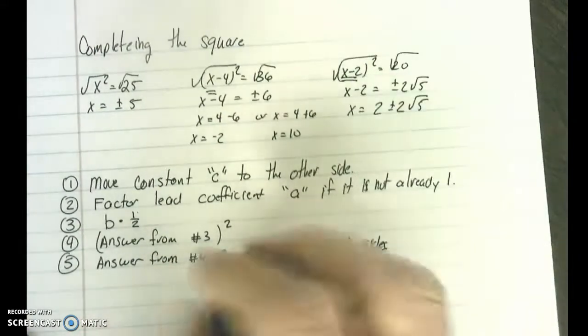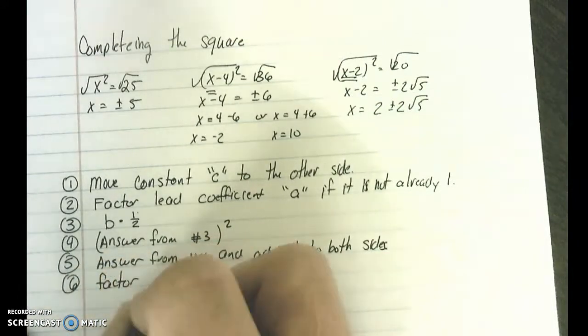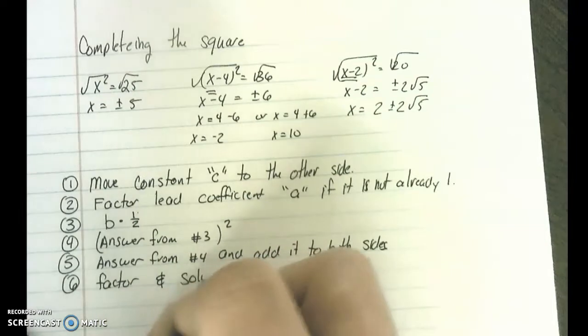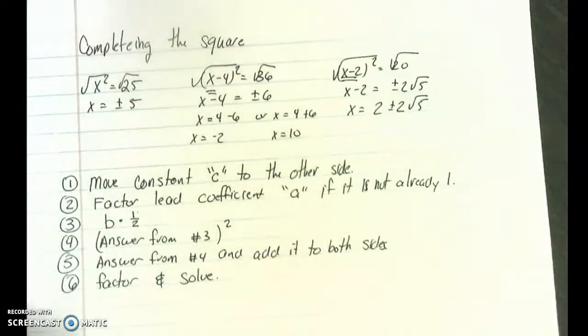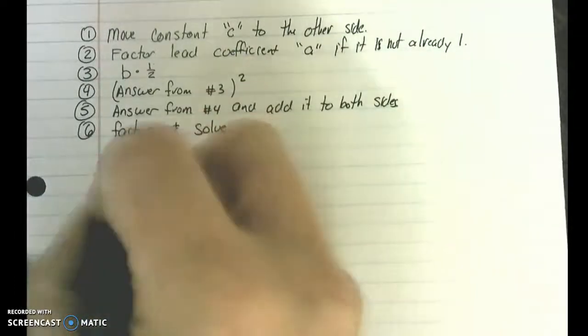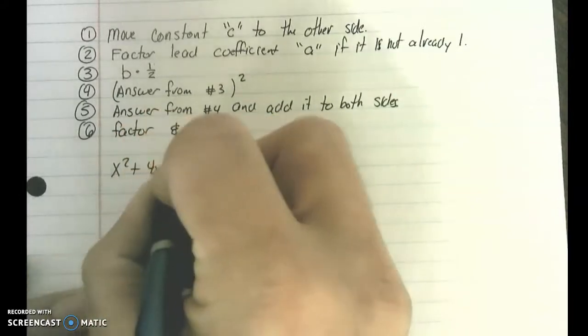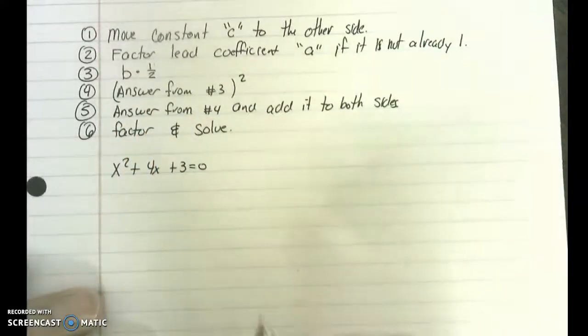Okay, and then we're going to factor and solve. That's our steps. Okay, so let's push this up so we can have that. So let's start with x squared plus 4x plus 3 is equal to 0.